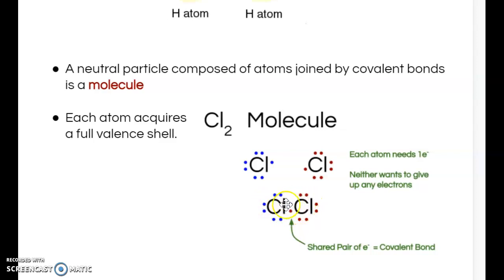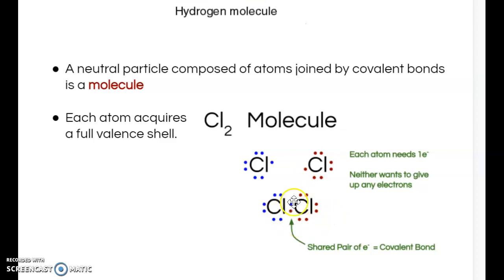The electron goes back and forth, and one chlorine's like, I want this electron. The other chlorine's like, no, I want this electron. And it's just a tug of war between these two chlorines in order to fulfill that valence shell. It's never ending, really. It's a continuous tug of war between these two atoms to share this one electron.